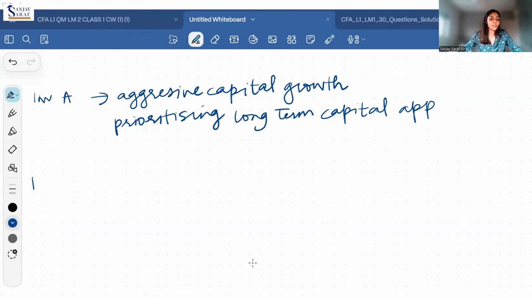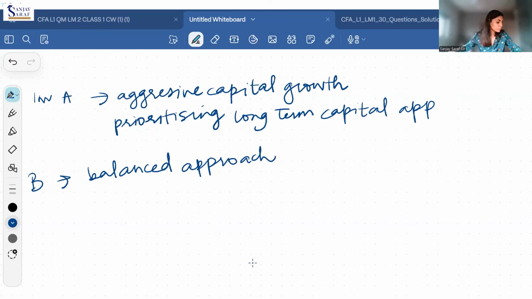Then we have investor B. Investor B is looking for a balanced approach, seeking returns from both growth and income.